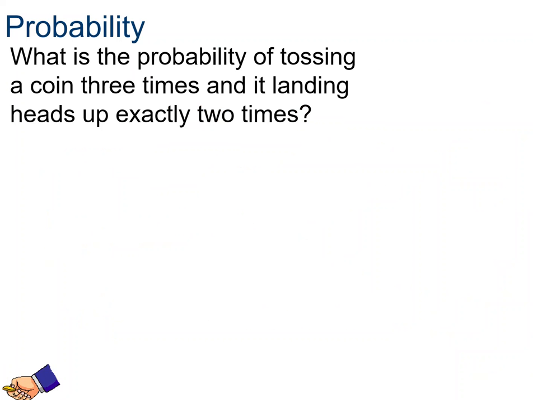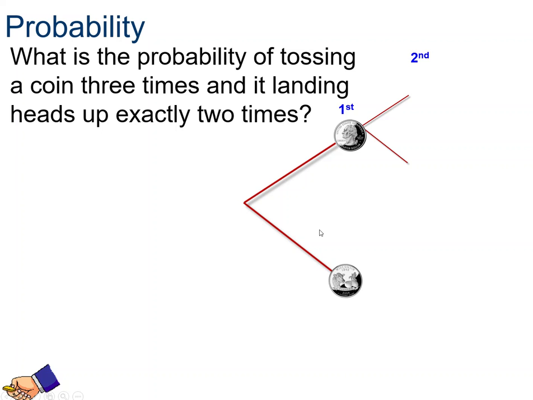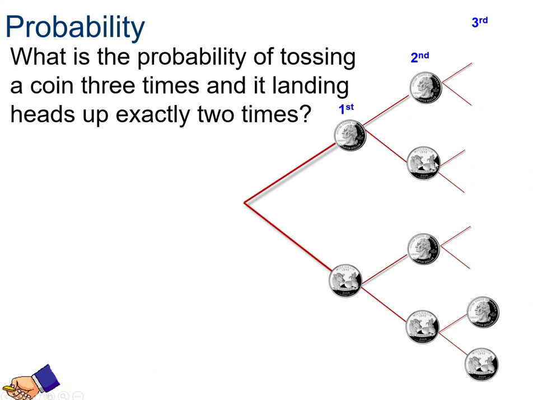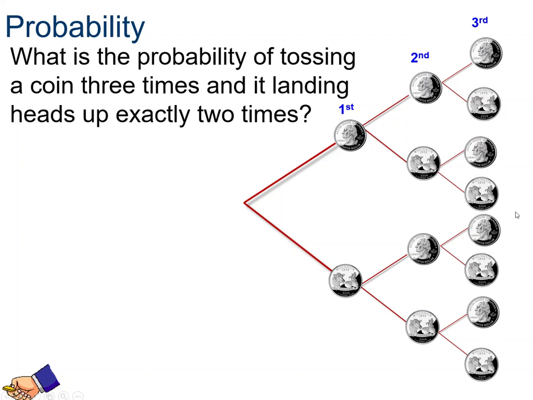So what is the probability of tossing a coin 3 times and it landing heads up exactly 2 times? Okay, this is where it gets exciting. So we have heads versus tails in our first flip. Heads versus tails, heads versus tails. We're still not out of the weeds here yet because we have one more flip and one more opportunity to end up with heads. This is totally out at this point. Third flip. So heads, heads, probability of the coin 3 times, exactly 2 times heads, so this is out now.